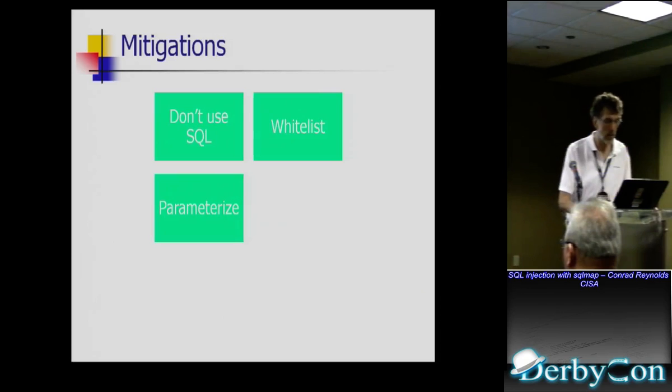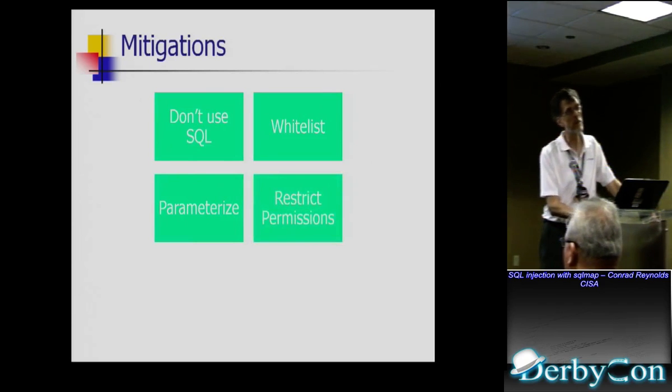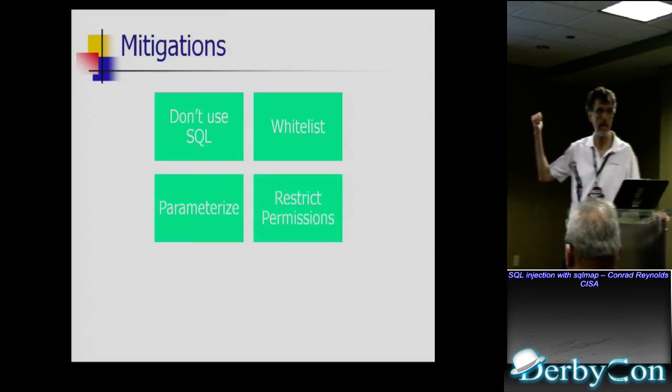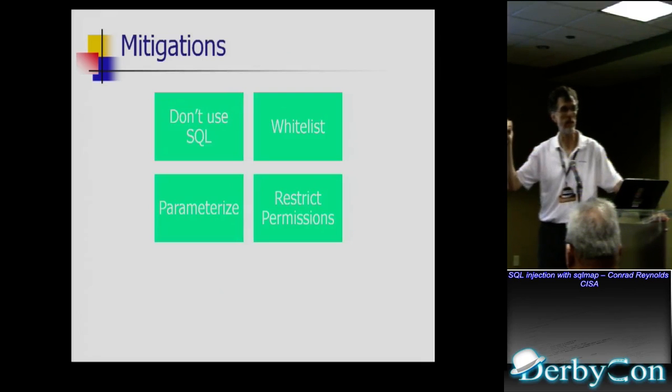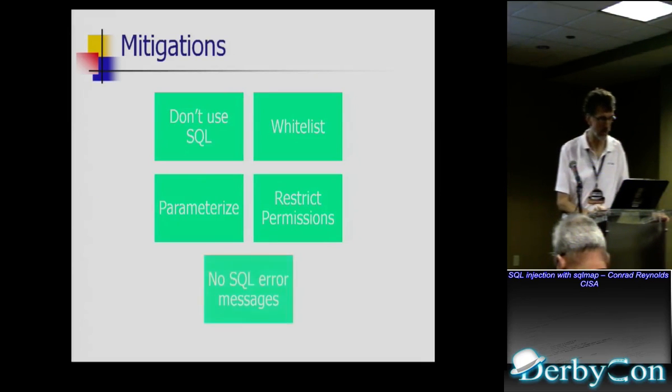But if they're writing it from scratch, parameterizing it will usually take care of the problem. Restrict permissions. Don't allow these back-end logon IDs, like we saw on this particular web app, to have access to all these things that they don't need to. Make sure that those SQL logon IDs behind your web apps are using minimal permissions.